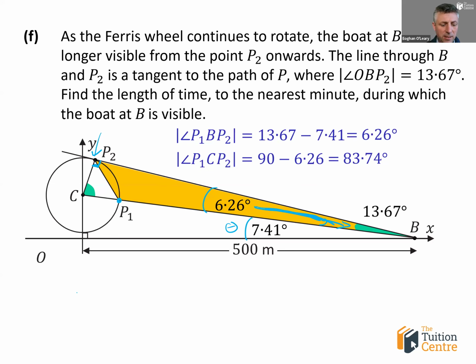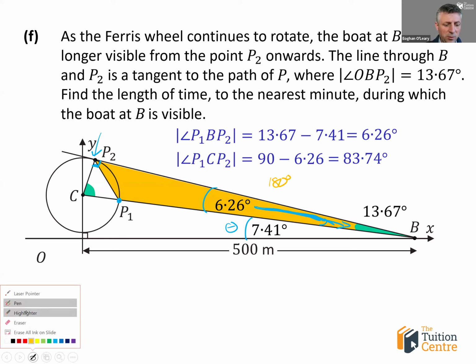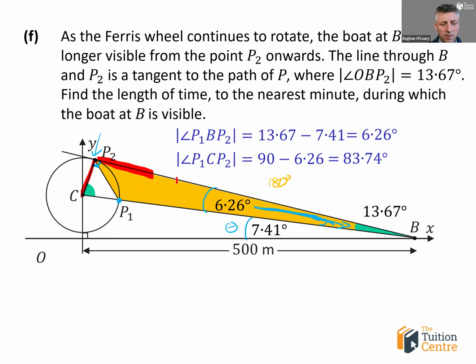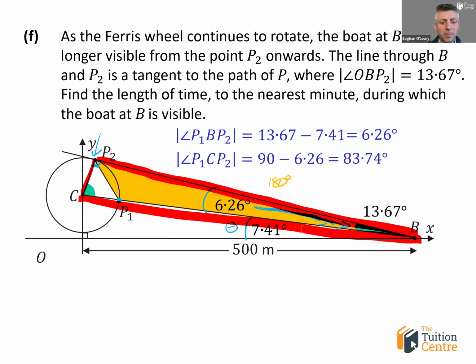Just in case anyone was unsure, we know there's 180 degrees in any triangle. So if we use this triangle here to find that angle at C, we'd be saying 180, taking away the right angle 90, and also taking away our 6.26.